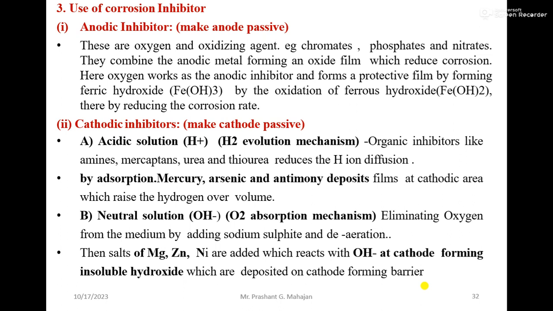In that way, the cathode becomes passive. And second, it is happening due to the presence of oxygen. Then we are going to remove that oxygen by adding sodium sulfide or by deaeration. So that is called the use of inhibitors.